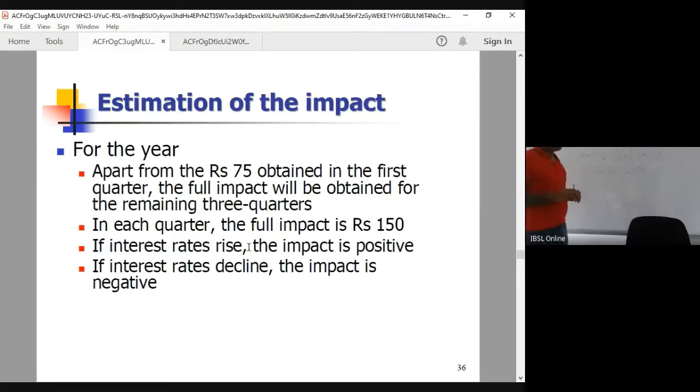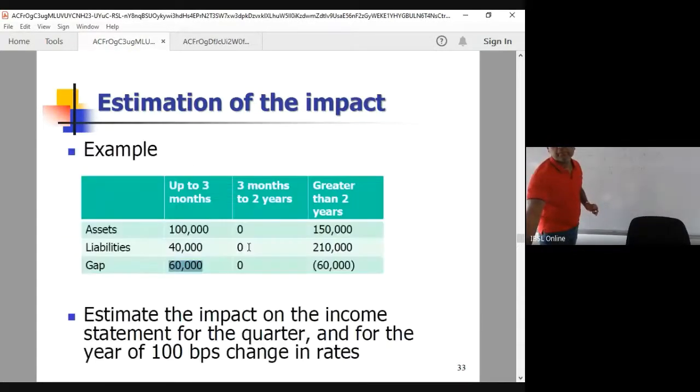So what happens now? Is it a positive gap or a negative gap? What is this gap that we have for 3 months? Positive or negative? RSA minus RSL, positive or negative?